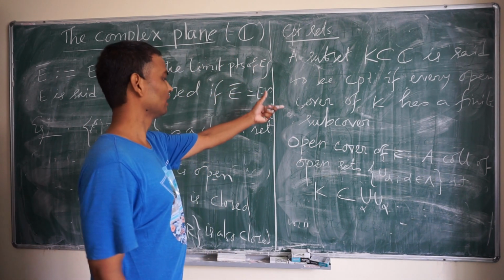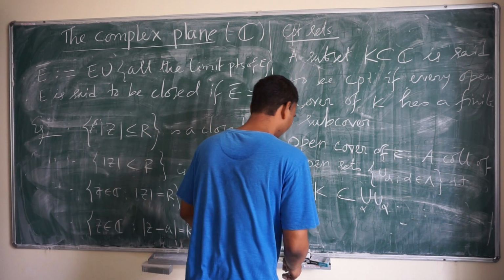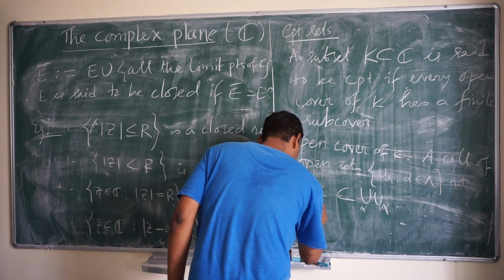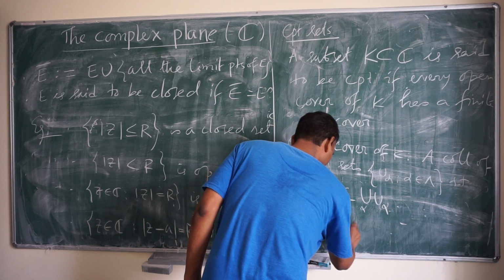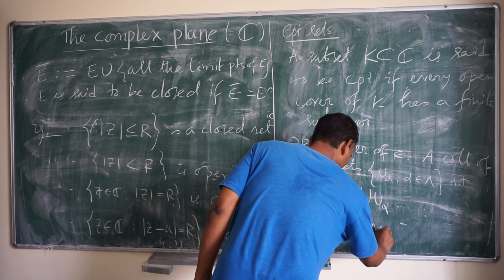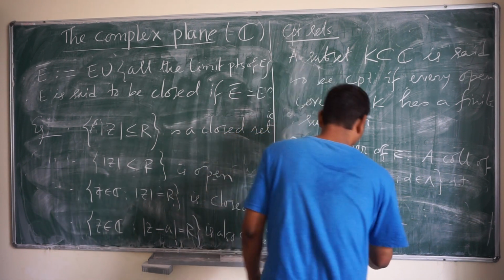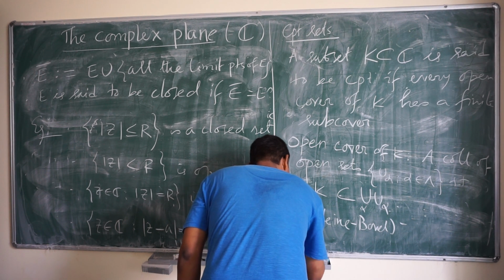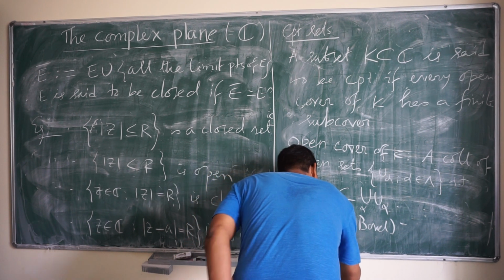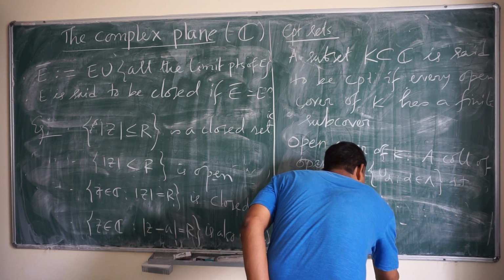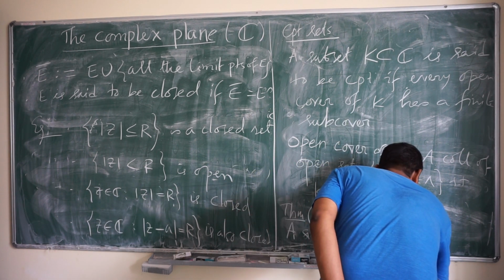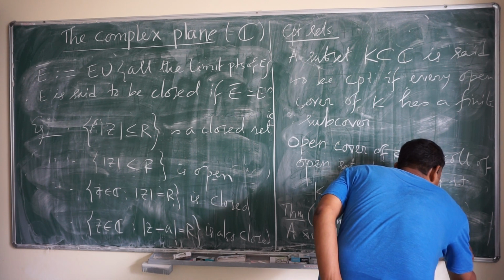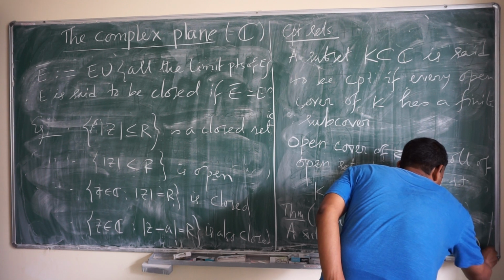And you know, by the Heine-Borel theorem, a subset K of C is compact if and only if K is closed and bounded.